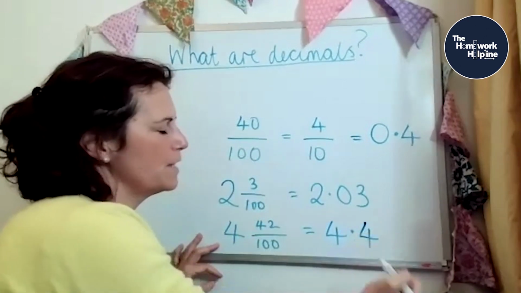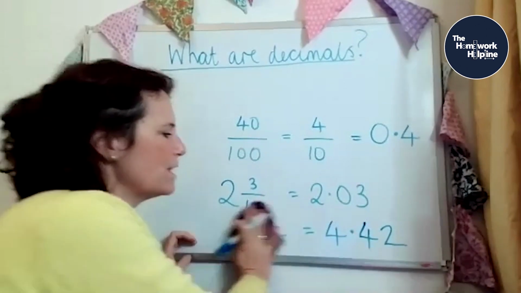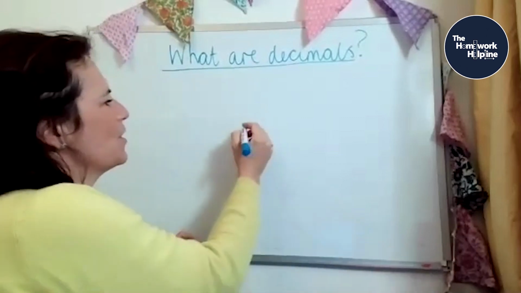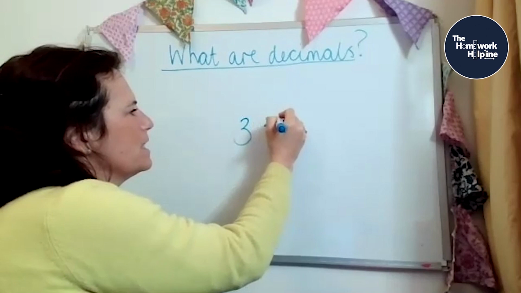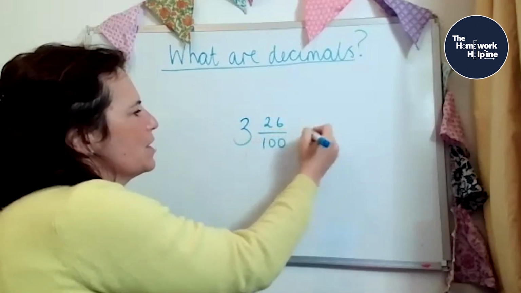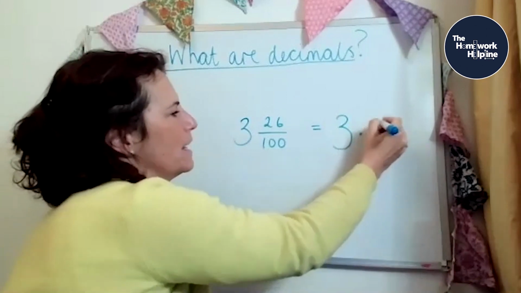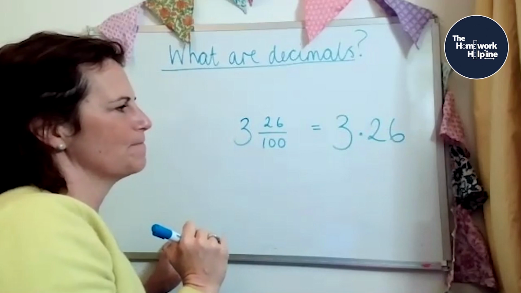So that's a 4 in the tenths column and a 2 in the hundredths column. Let's do that once more, and then you can finish. So 3 and 26 hundredths would be 3 whole ones and 2 tenths and 6 hundredths.